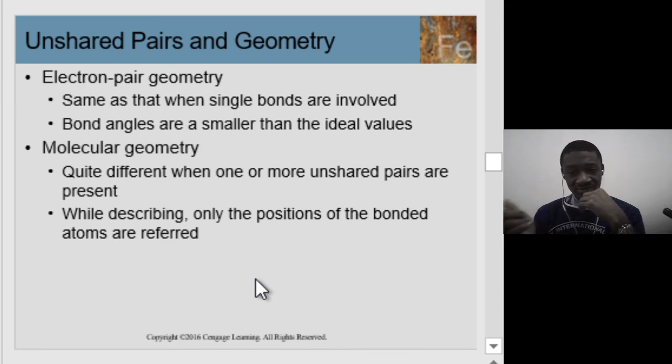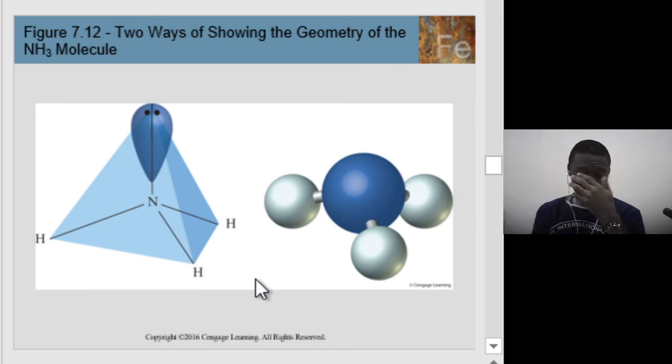And then the molecular geometry we have been talking about is quite different when one or more lone pairs are present. So while describing only the disposition of the bonded electrons, the position of the unbonded pairs too has its influence, and we see that with ammonia.